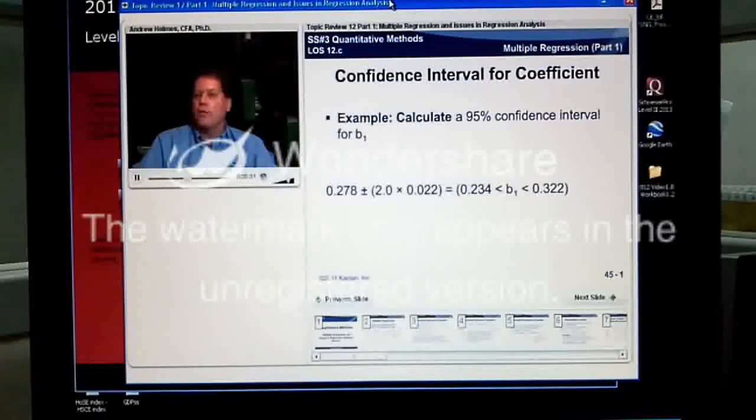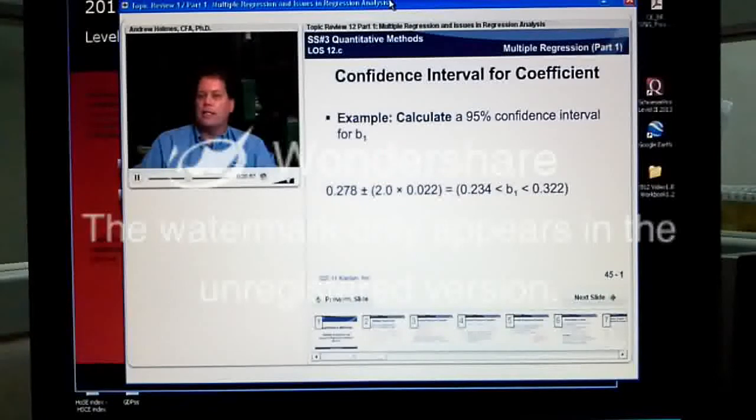So in this case, we're doing a confidence interval on the Wilshire index coefficient. The reliability factor is our t-stat, and our variability factor is the standard error. So we take 2 times 0.02, multiply that together, add that to 0.278, and subtract it from 0.278, and we end up with our confidence interval here, 0.234 to 0.322.